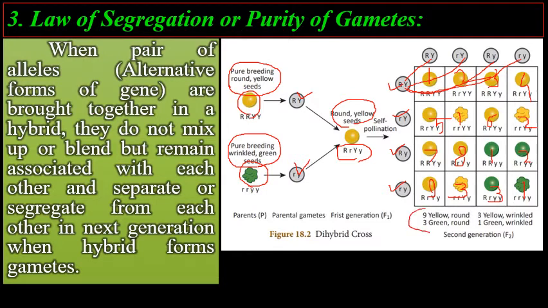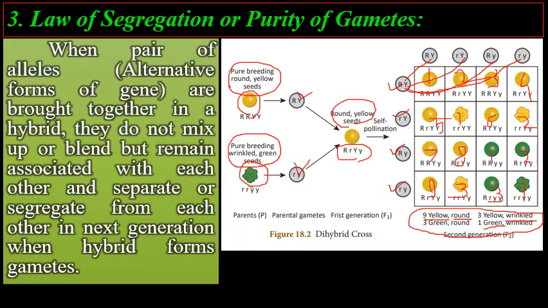So this is the entire ratio of the F2 generation, which shows that yellow is not mixed with green and round is not mixed with wrinkled. So we can see that they have followed the law of dominance and also the law of segregation, that is, they have not mixed with each other and remain separated from each other.